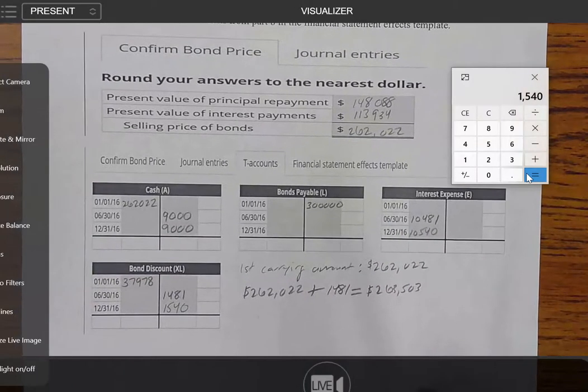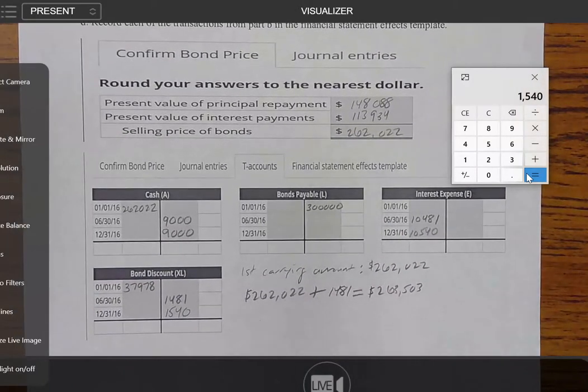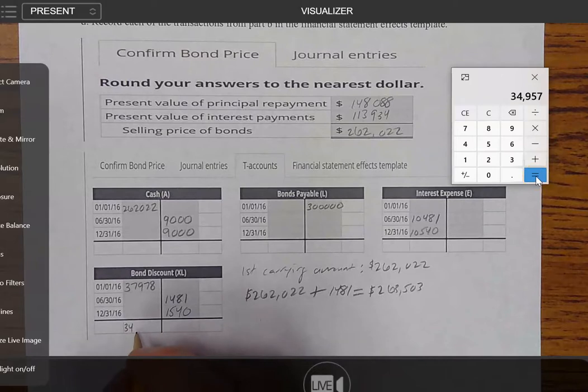So the only thing that I'm going to do now is calculate the current bond discount, and I'm going to do that by taking 37,978, which is the initial amount of our discount, minus 1,481 minus 1,540, and that's going to give us an ending balance of 34,957.